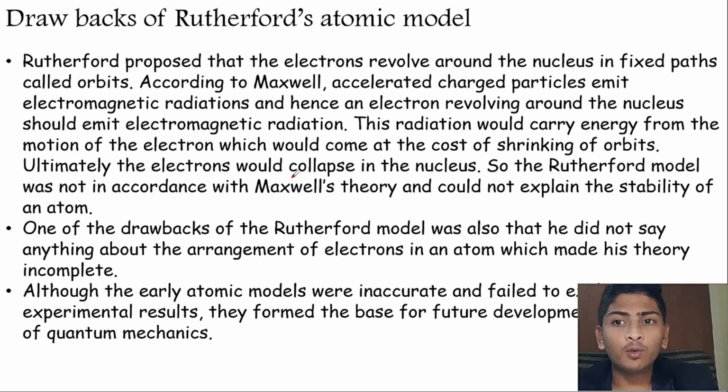This radiation would carry energy, and the loss of energy from the motion of the electron would come at the cost of shrinking orbits. Ultimately, electrons would collapse into the nucleus, so Rutherford's model was not in accordance with Maxwell's theory.